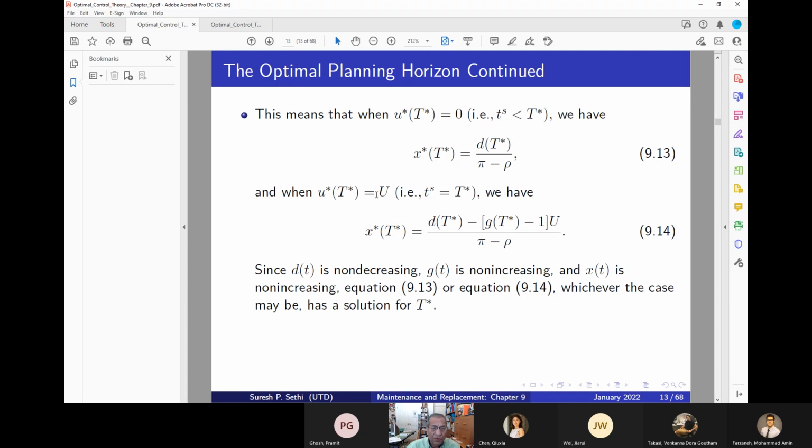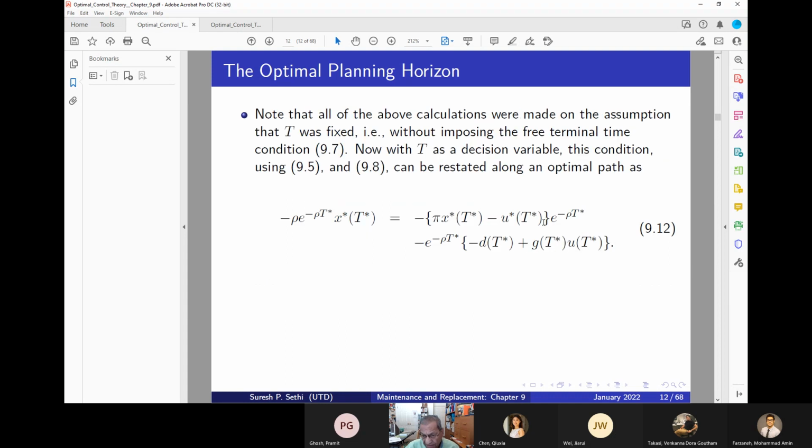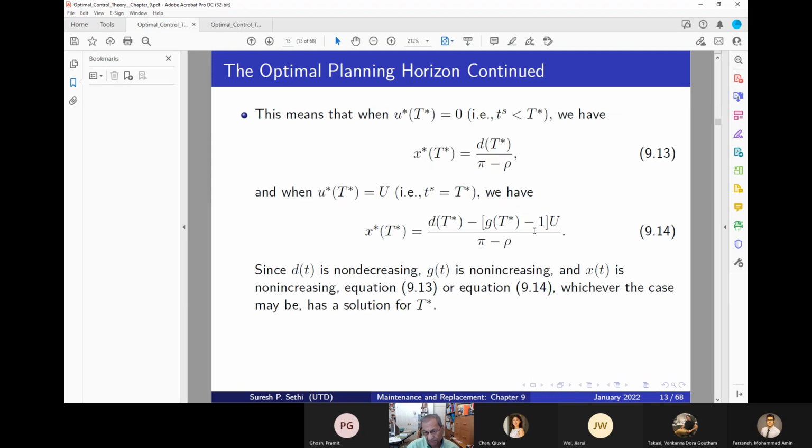Now let's say U star T star is capital U. Then it's clear that Ts equals T star, because if the end solution is U, then it is going to be U all the way. So now we can substitute U in there for U star T star, and we get this formula.